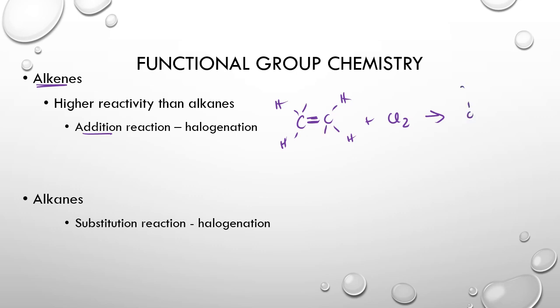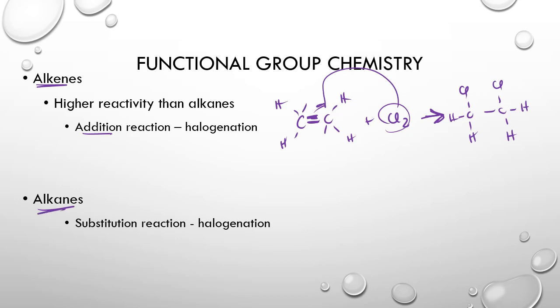So we could have, perhaps, dichloroethane. So 1,2-dichloroethane is a potential product. In order to make this happen, we just need to add some chlorine. The chlorine is attracted to all the electrons in this double bond, so we're going to have this addition reaction occur.